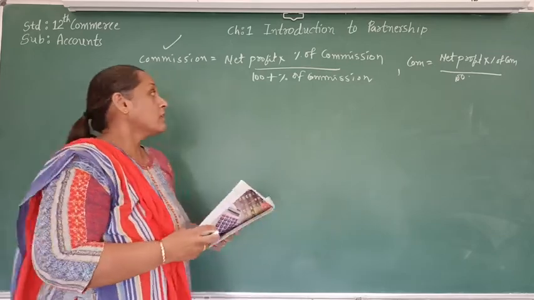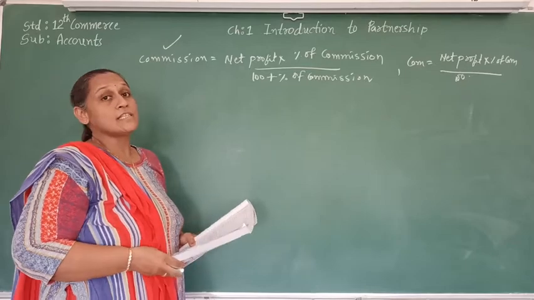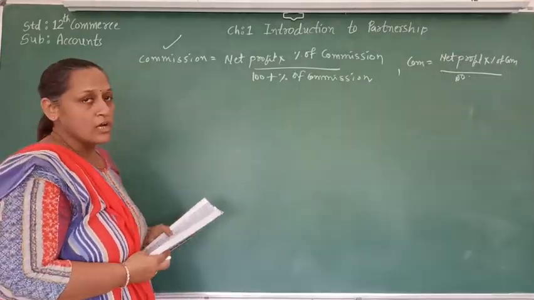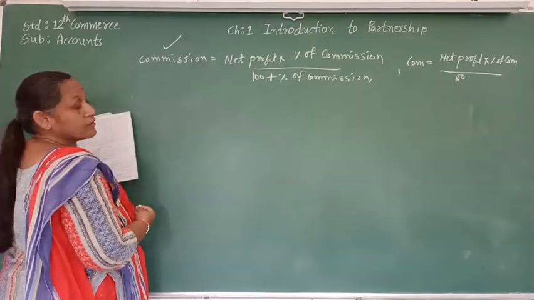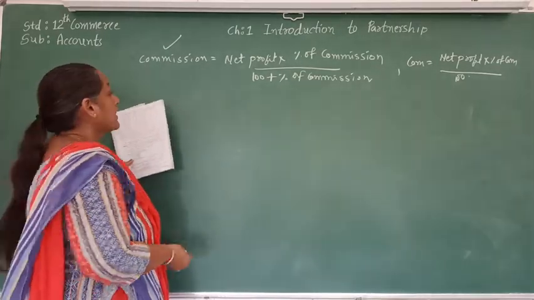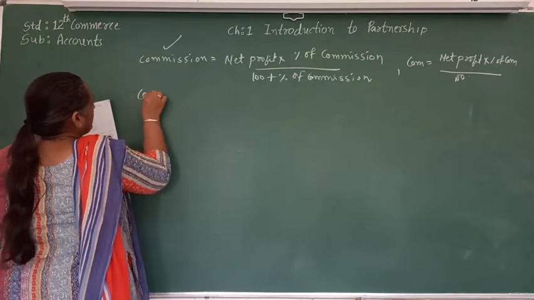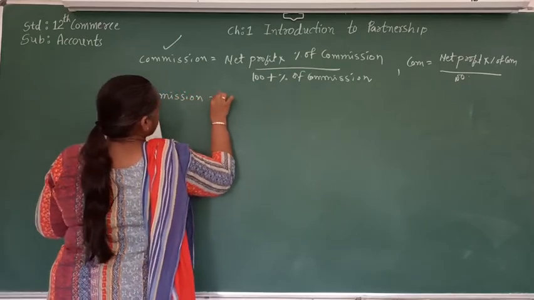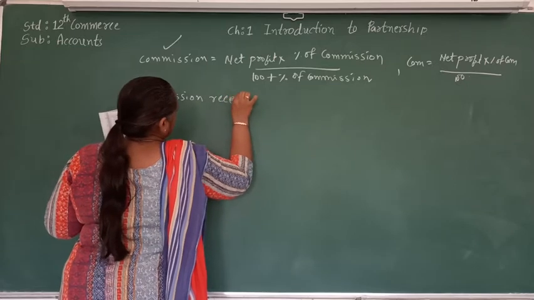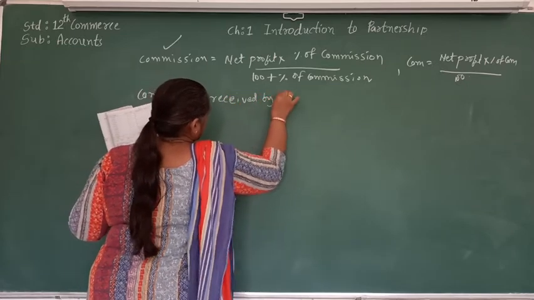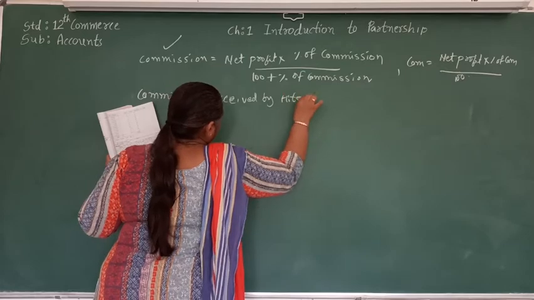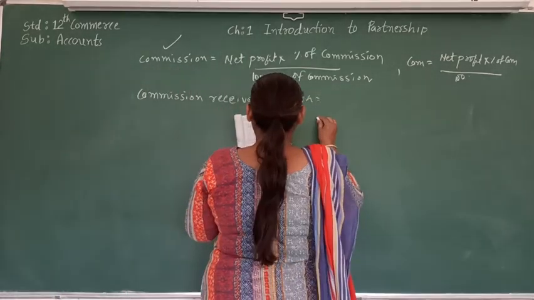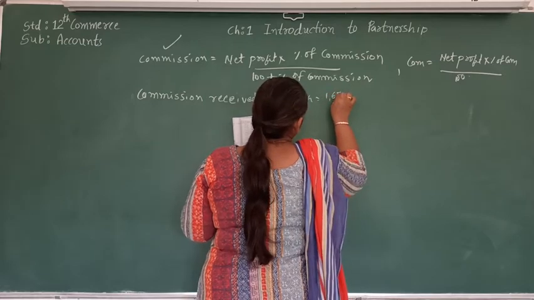So here the total net profit, that is before the calculation of the commission, is given to us. So the very first thing we are going to calculate is the commission received by Hitesh. So commission received by Hitesh is equal to net profit, which is given to us, 1,65,000.